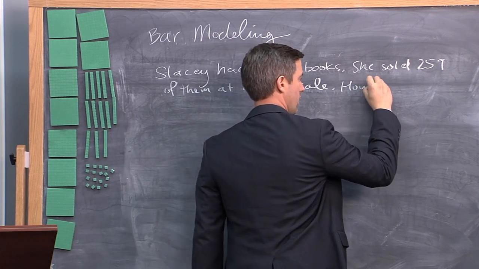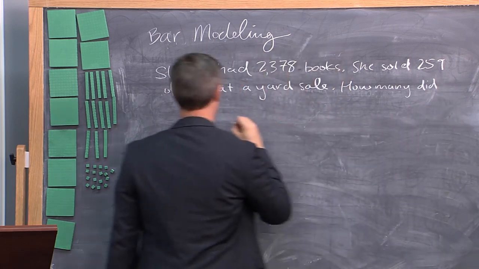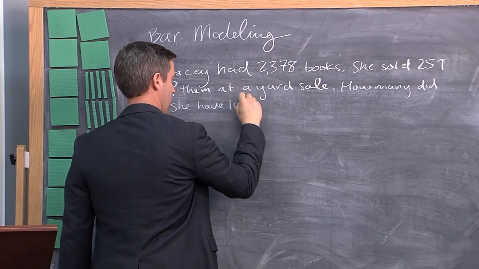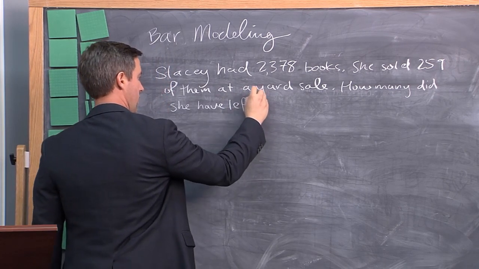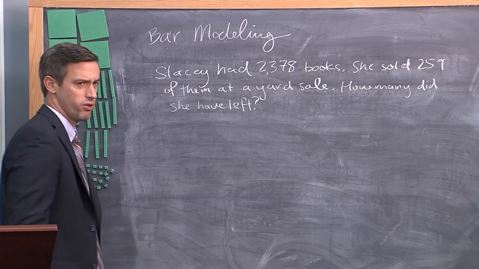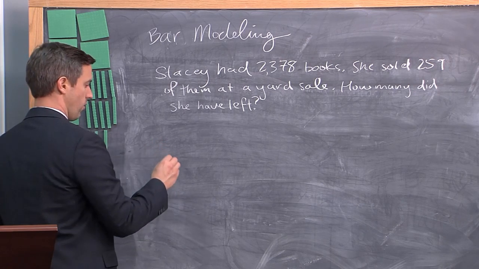How many did she have left? This would be, you can do it both ways, actually, with a part-whole or a comparison.